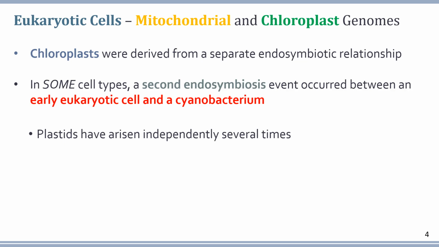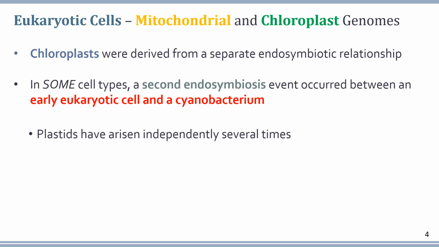So this is where a second endosymbiotic relationship took place, where the cell line that already engulfed a mitochondria then engulfed a second bacteria. And in this second endosymbiosis event, that early eukaryotic cell that already has the nucleus and the mitochondria would have pulled in a cyanobacterium, because remember, those are the bacteria group that can perform photosynthesis.